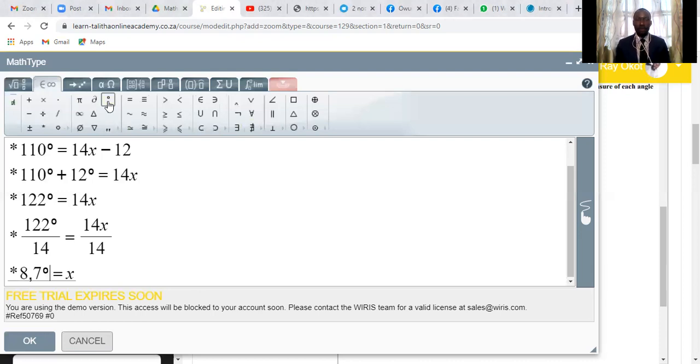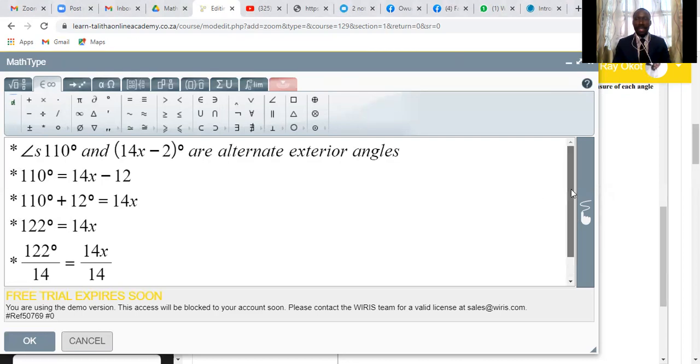So yes, you see, after getting the illustration of alternate exterior angles, the fact that they are the same can help us to find some quantities that were not initially known. This way, we have been able to find the value of x. So we had it that 110 degrees is equal to 14x minus 12.